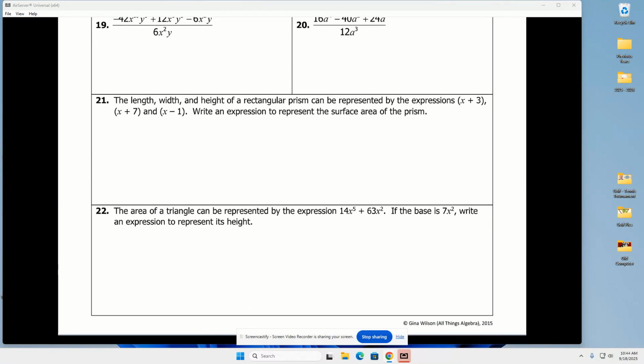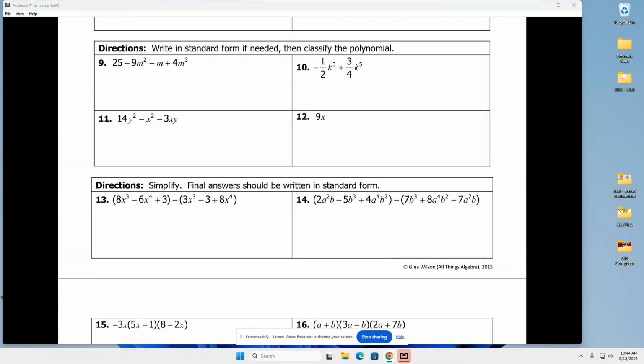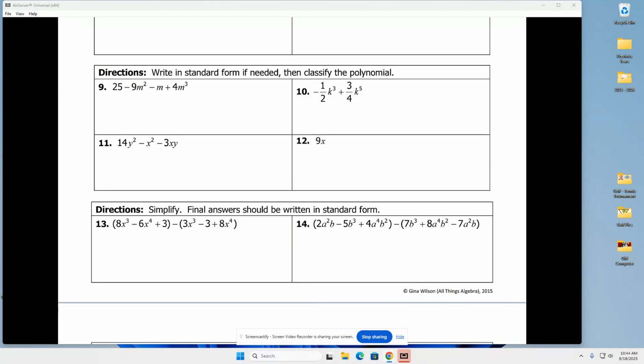So easy. 9 through 12. I'm giving you a big, tough assignment tonight. 4 problems. Write them in standard form, and then classify the polynomial by both the degree and the number of terms. So how many words should you write? 2. Okay, so put it in standard form, and then write the 2 words that describe it.